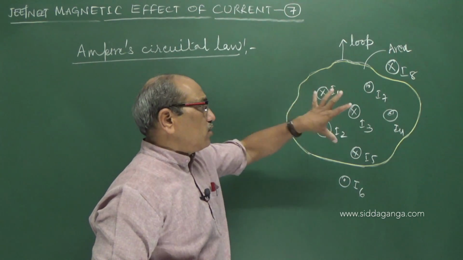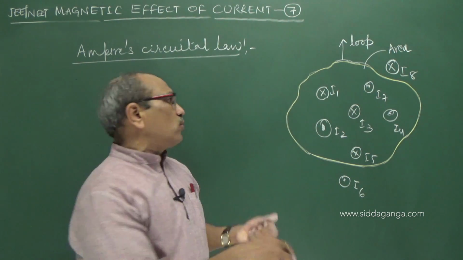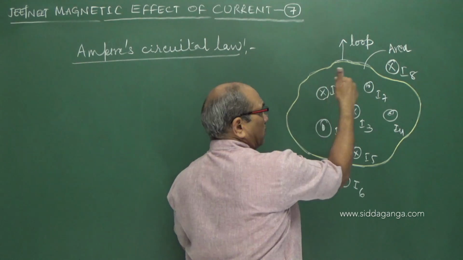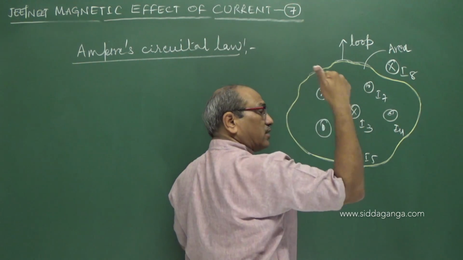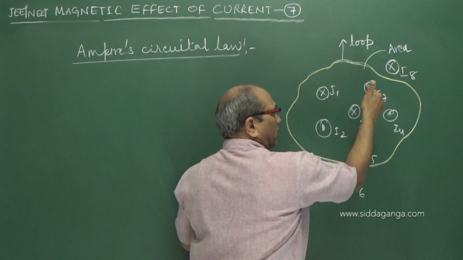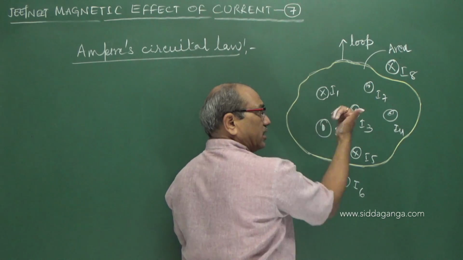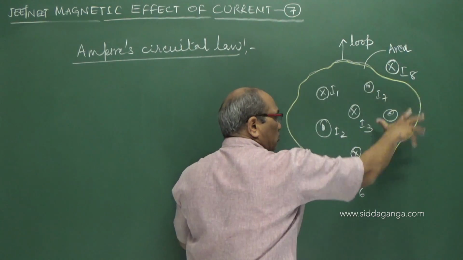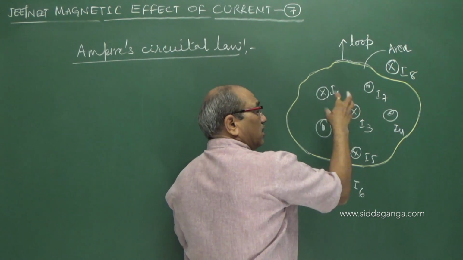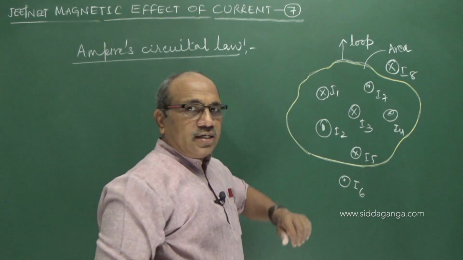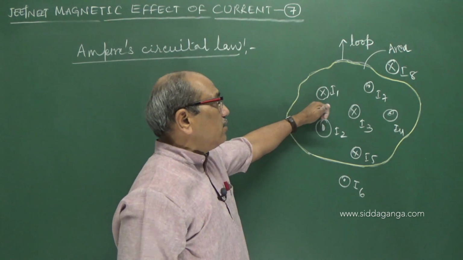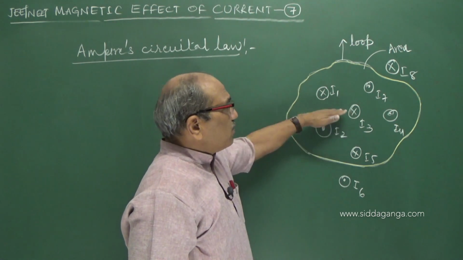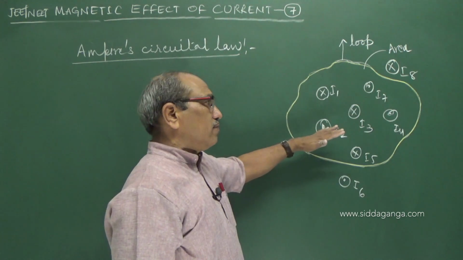We have different loops carrying current inward or outward. We have taken some current elements, where cross marks are going into the board, whereas a dot shows current out of the board. Within this loop area, there are many current carrying straight conductors carrying current of different magnitudes and different directions.